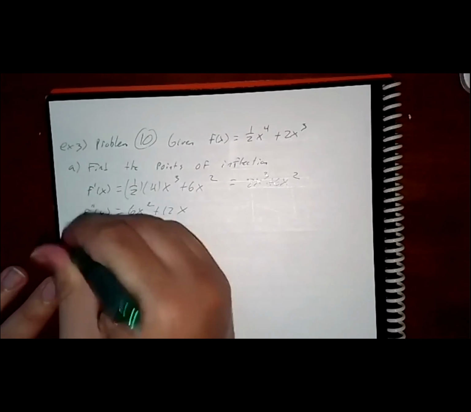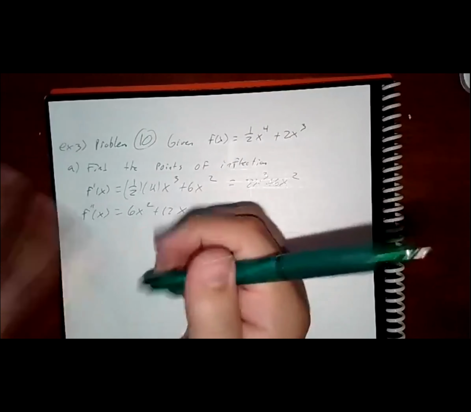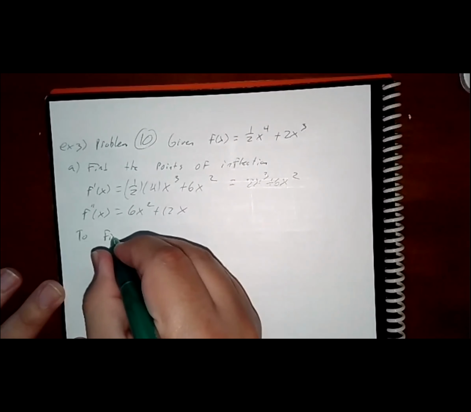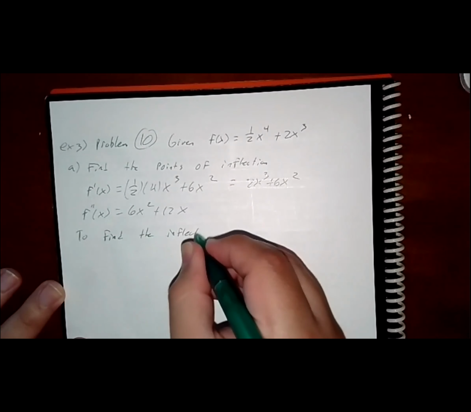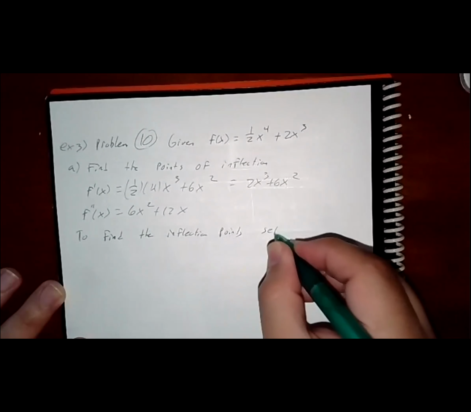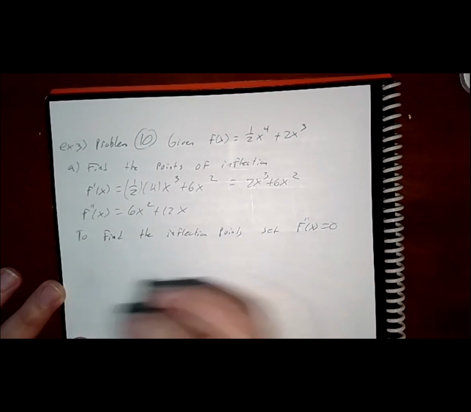Again, I'll write you a note: to find the inflection points, set f double prime to 0.